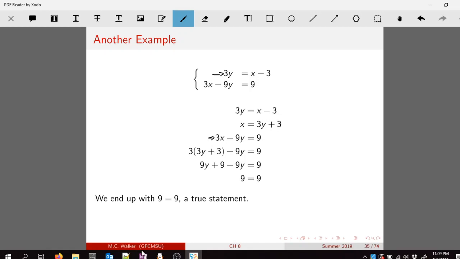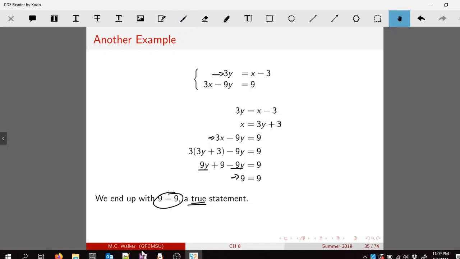We always want to use both equations to get 3 times the quantity (3y plus 3) minus 9y equals 9. Distribution gets us 3 times 3y, or 9y, plus 3 times 3, which is 9, minus 9y equals 9. Wait a minute, 9y minus 9y, they cancel. We're left with 9 equals 9. That's a true statement, but it's not very helpful.